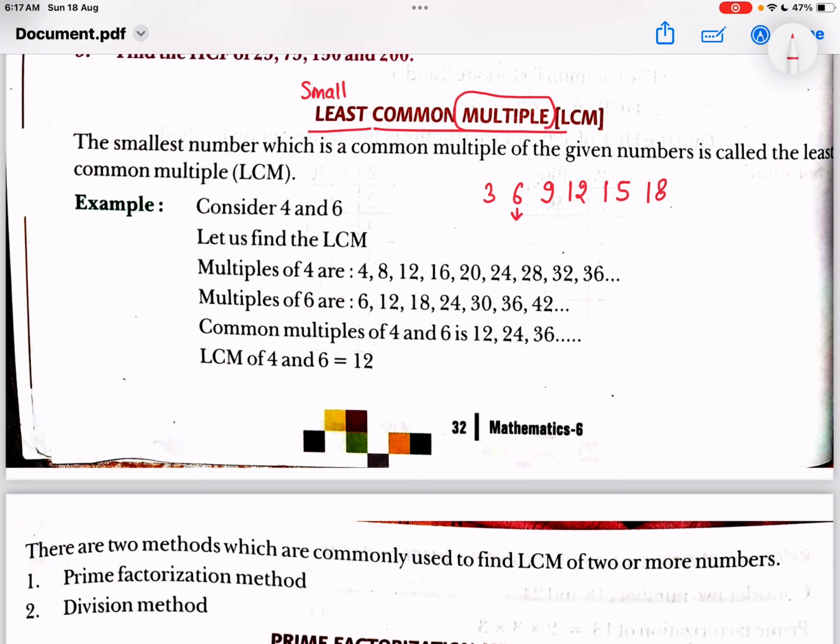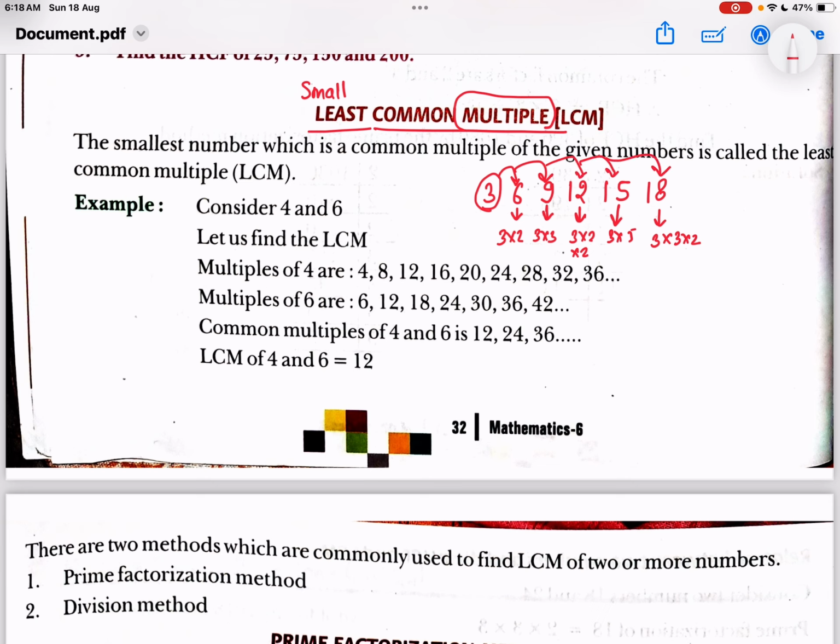So we can write 6 as 3 into 2, 9 as 3 into 3, 12 as 3 into 2 into 2, 15 as 3 into 5, 18 as 3 into 3 into 2. So 3 is the number which can divide 6, 9, 12, 15 and 18.